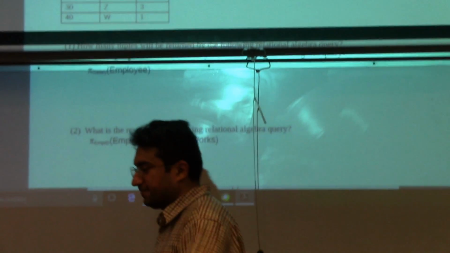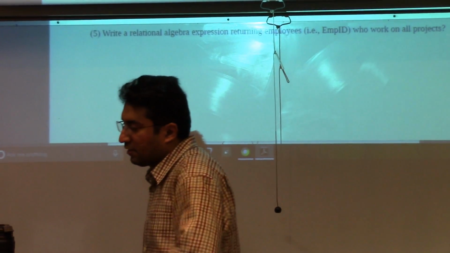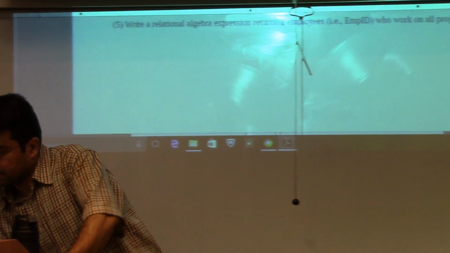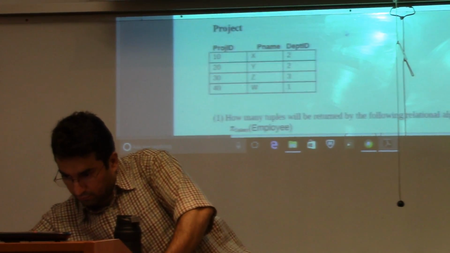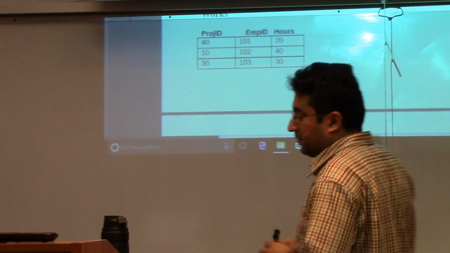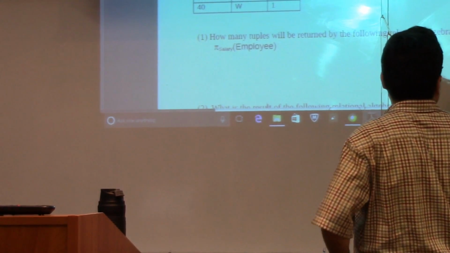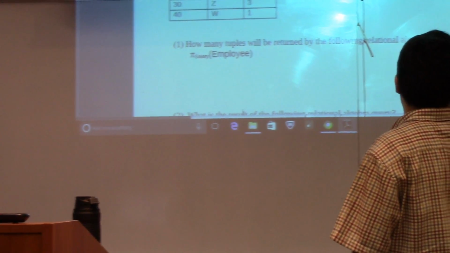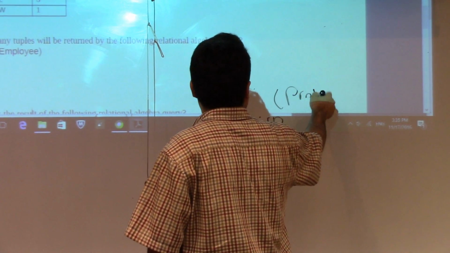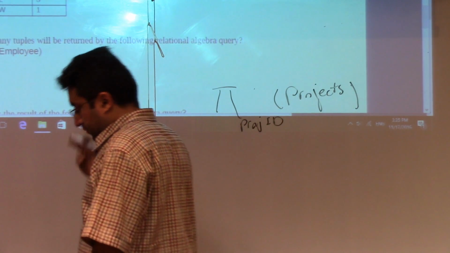What are the project IDs? The whole set of project IDs? 10, 20, 30, 40. These are all the projects, okay?